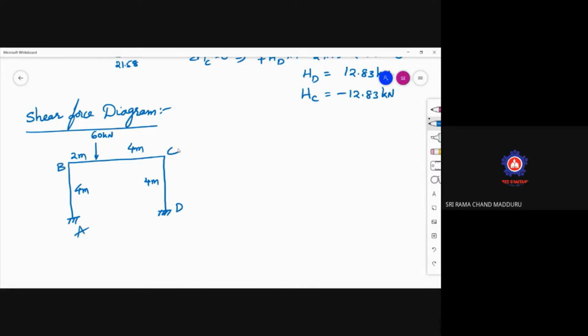I have just drawn the outline diagram, the baseline.